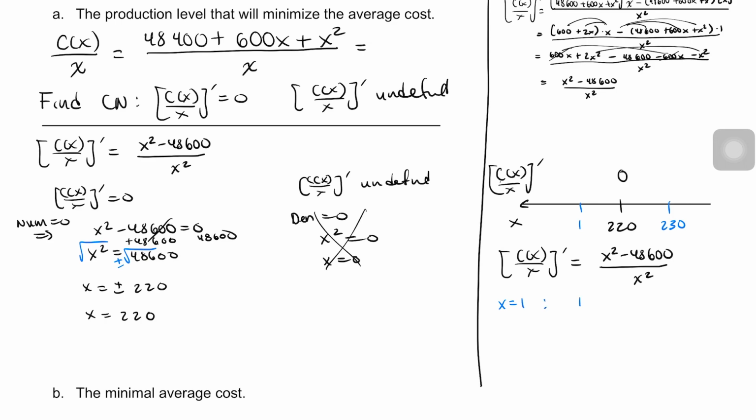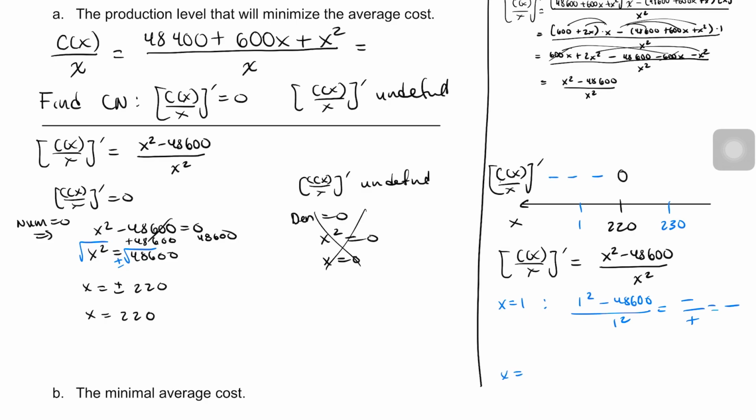So it'll be 1 squared minus 48,600 over 1 squared. That's going to give us a positive number on the denominator, but on the top it's going to give us a negative number. So negative over positive is negative.